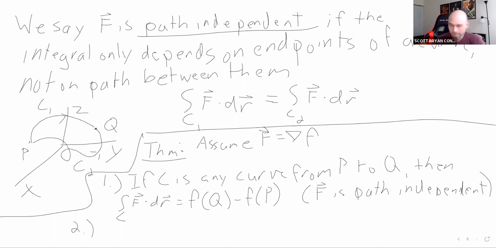So part 2, if you're a closed curve, you can think of that as starting and ending at the same point. And so applying number 1, if you're starting and ending at the same point, then you're evaluating the antiderivative at the same point. And so you end up with 0.